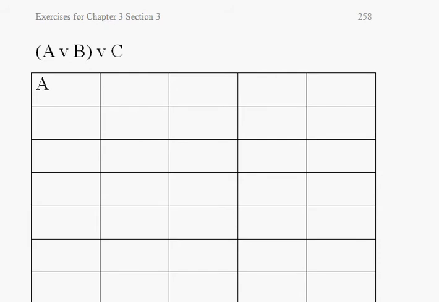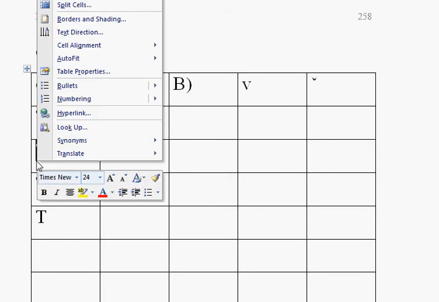I want to put parentheses A wedge B close parentheses wedge C. So in this case, what we know is A could be true, and what we always say is it's going to be 8 lines, so we want A to be true on 4 lines. Let's see if I can insert a line.